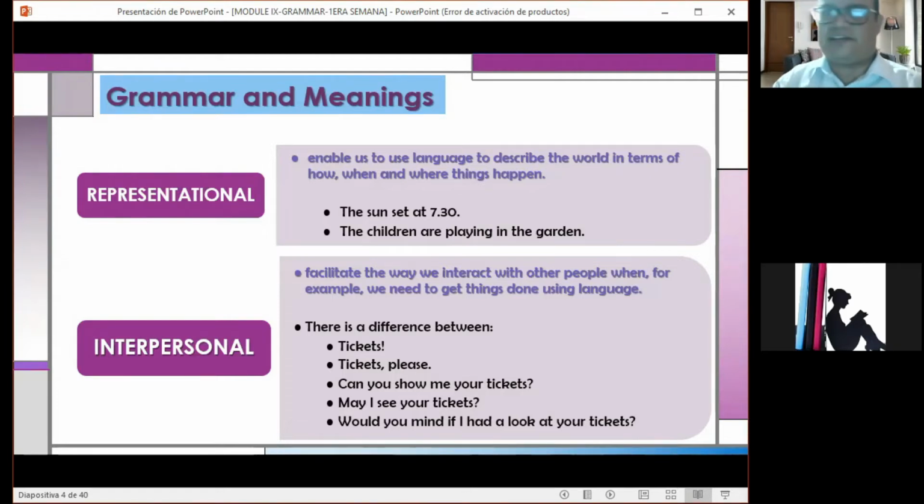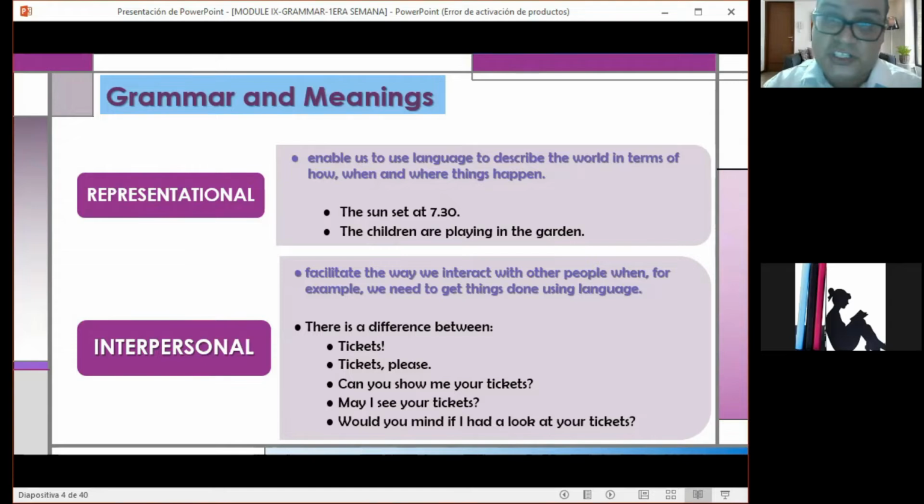"Tickets." A person asks you for the tickets and you just say "tickets." So it's rude, it's not so polite. But you say "tickets, please." You change the way you are interacting. Yes, formal or informal, or rude or polite. Notice that kind of way you interact with people.